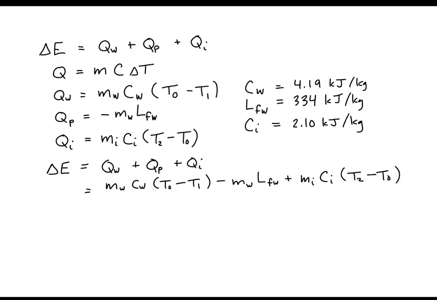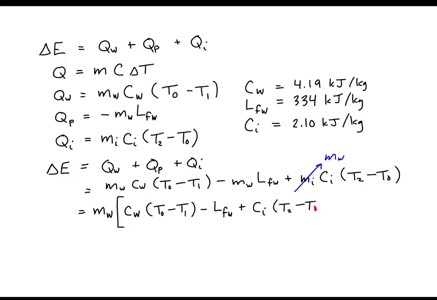At this point, let's recognize that the mass of ice is the same as the mass of water. This allows us to factor out the mass of the water from our expression, leaving us with the mass of the water times the specific heat of water times the temperature change while we're in the water phase minus the latent heat of fusion of water plus the specific heat of ice times the change of temperature while we are in the ice phase.